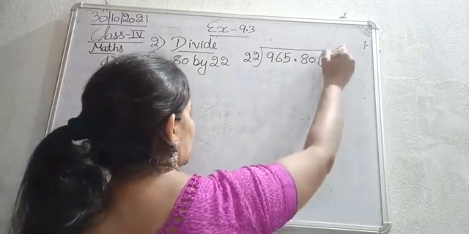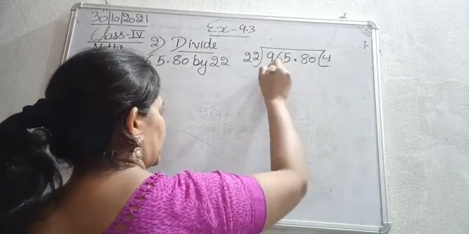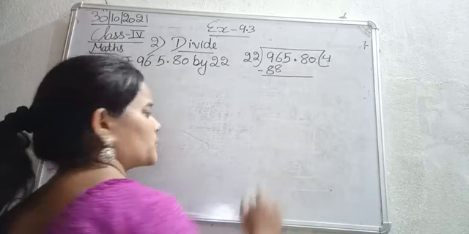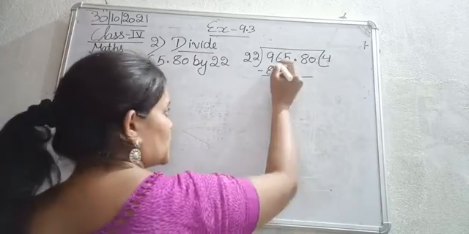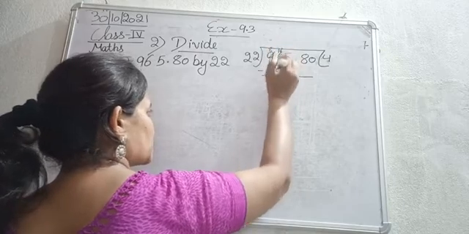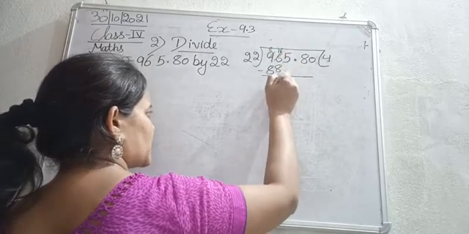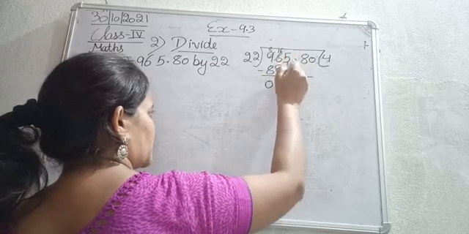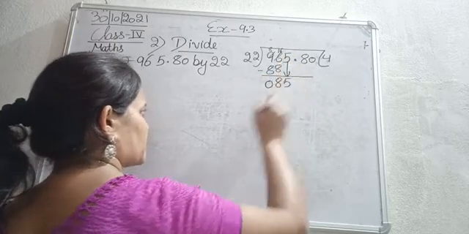22 fours are 88. So 96 minus 88 is 8. 8 minus 8 is 0. Bring down the next, that is 5.